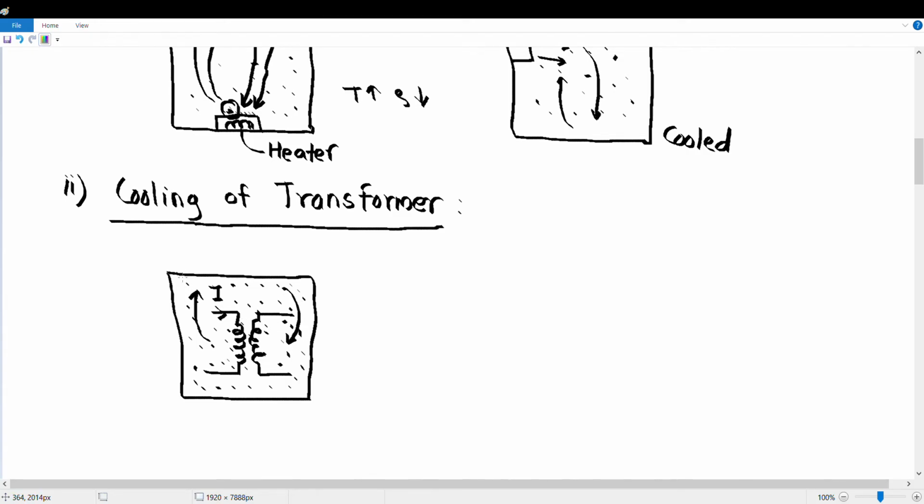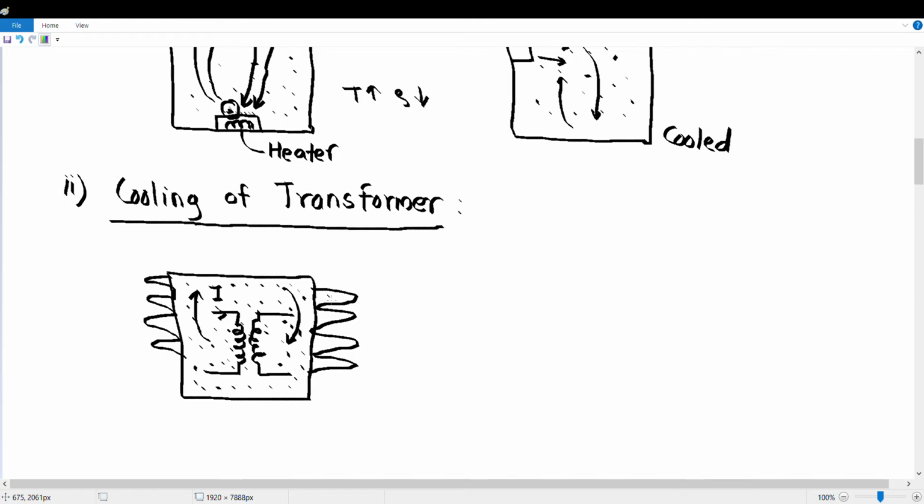These transformers have cooling tubes. These are the cooling tubes of the transformer. These cooling tubes increase the effective area of this transformer.